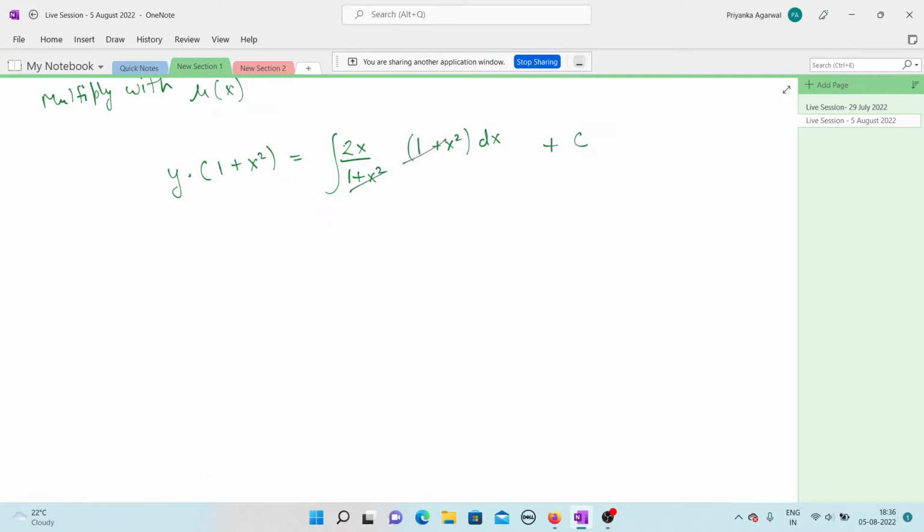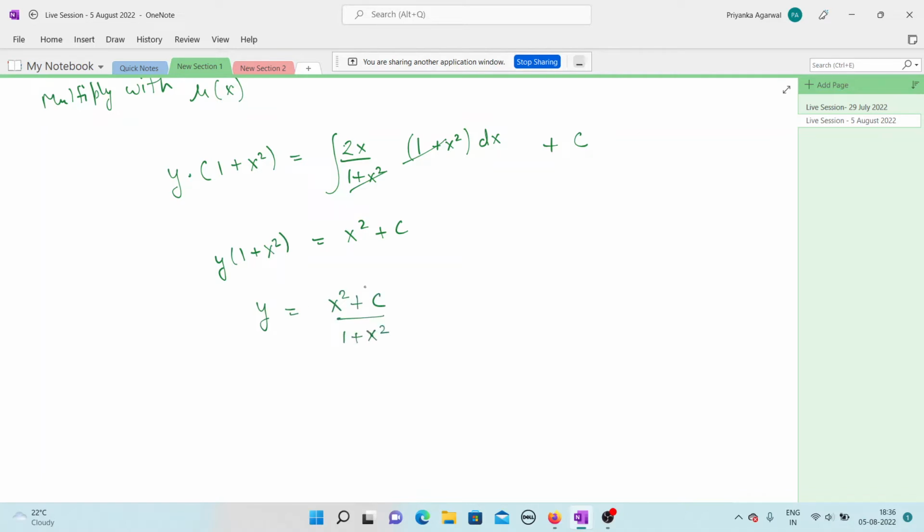So this cancels. So this will become x square plus c, and this is y into 1 plus x square.